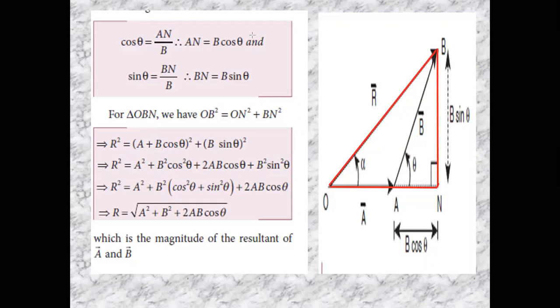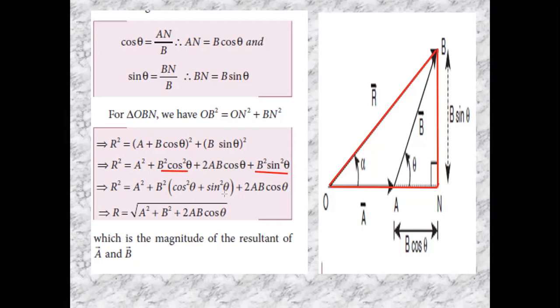Now I am going to take B square common from these two terms: A square plus B square (cos square theta plus sin square theta) plus 2AB cos theta.